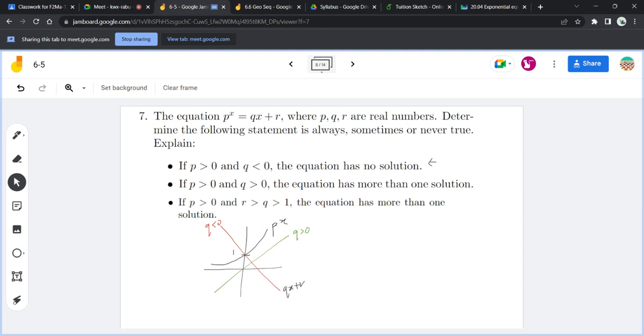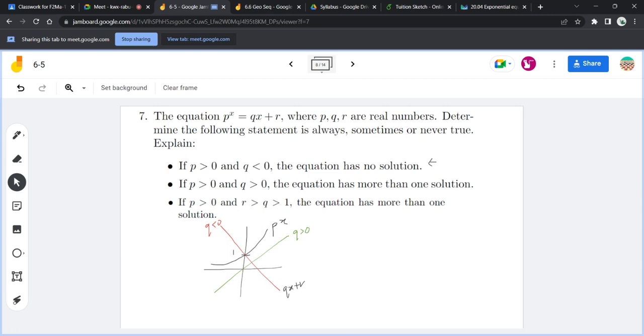If for every p, q, r there is no solution, it means it is always true. But we know that for any p, and for q, q is less than 0.